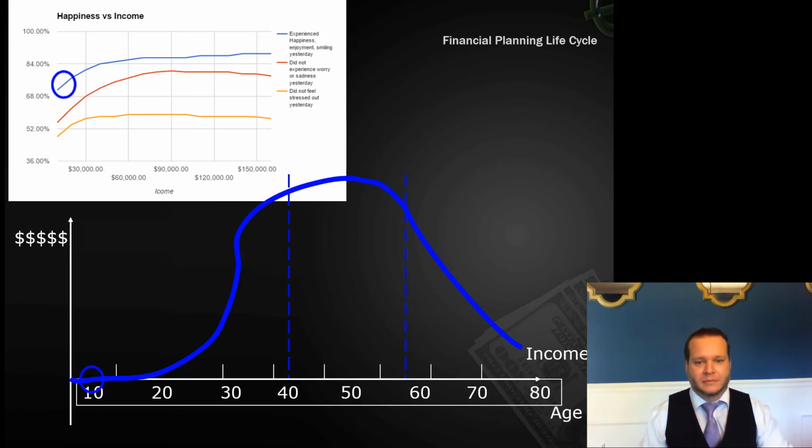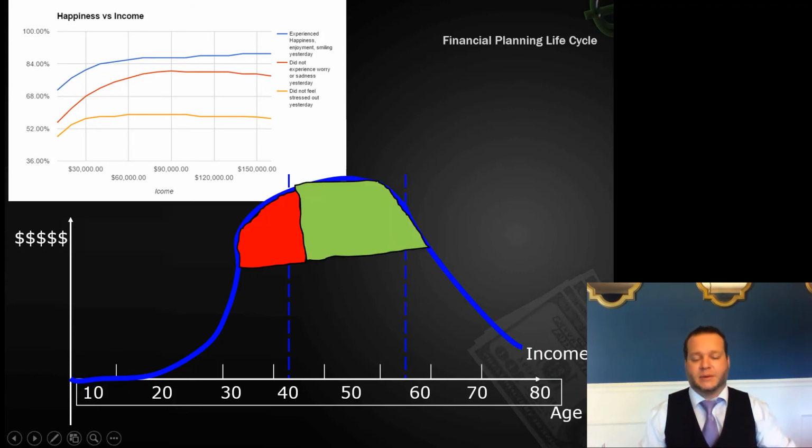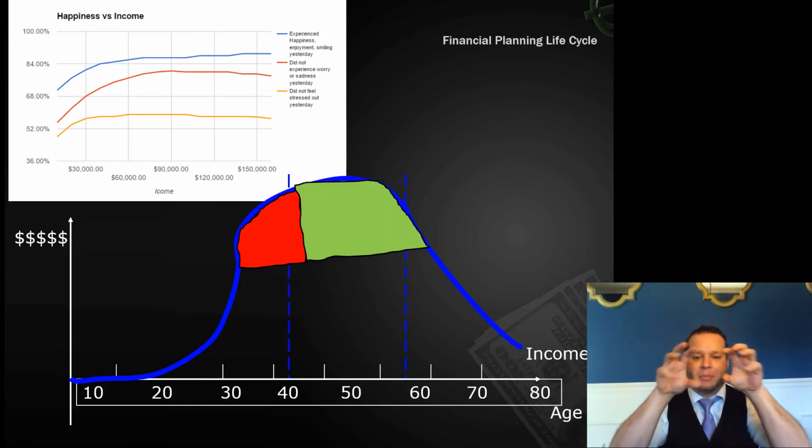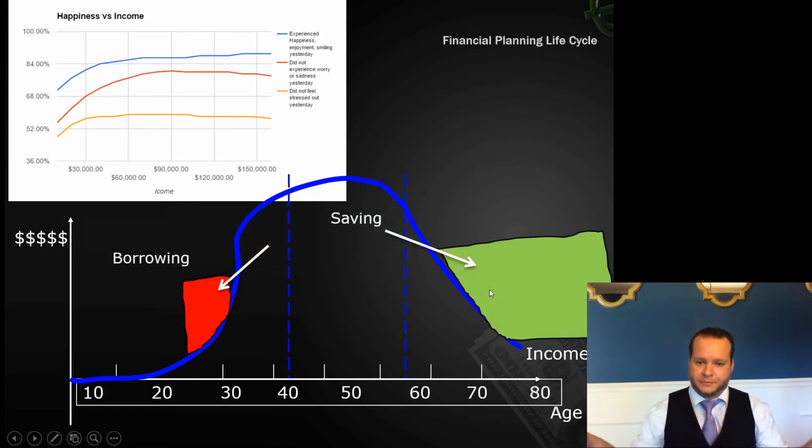utility. So what we want to do instead is take some of this money from our peak earning years and spread it out. And so the book talks about borrowing as just the process of taking future income, bringing it into the present so I can spend it today. If you take out a loan for a car, you go to the bank and say, bank, I don't have $30,000 for a car right now, but I do have a job.